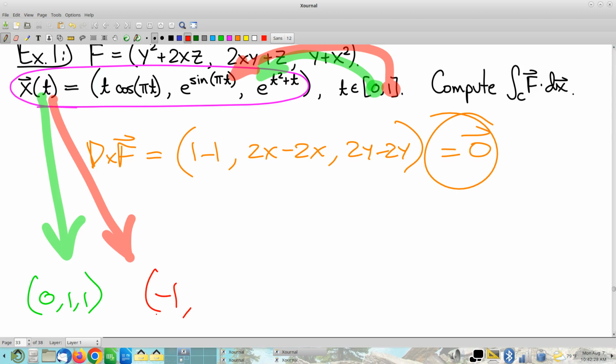It's already clear that these are different points, but for the sake of completeness, let's go ahead and keep plugging in. e to the power of 0 is 1, and then e to the power of 2. Okay, so e squared. Everybody with me? This is not a closed curve.